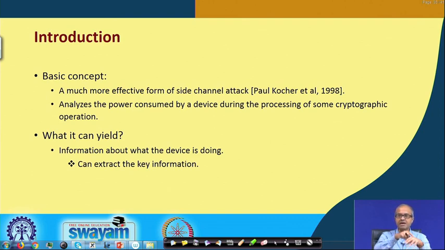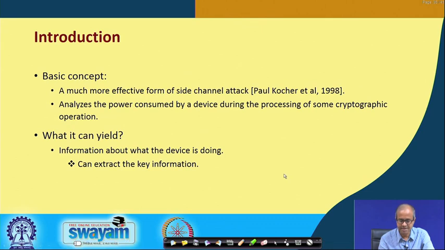Somehow I am measuring how much current that device is drawing from the battery or from the power supply source. If I can measure that, that will give me information about how much power is being drawn by that device. Okay. So, this kind of analysis can yield information about what the device is doing, and just like timing analysis, here also we can extract the key information.